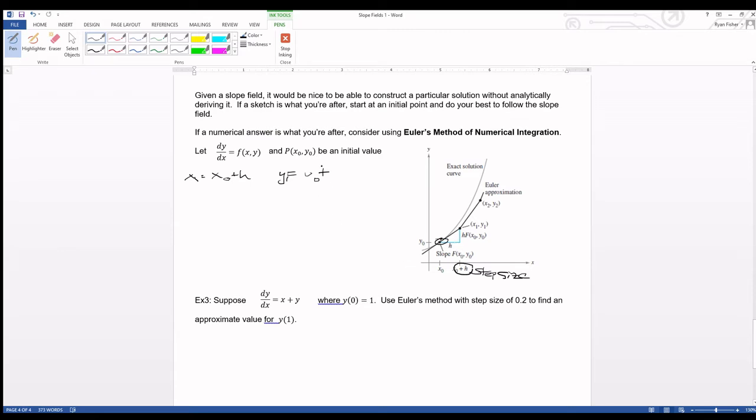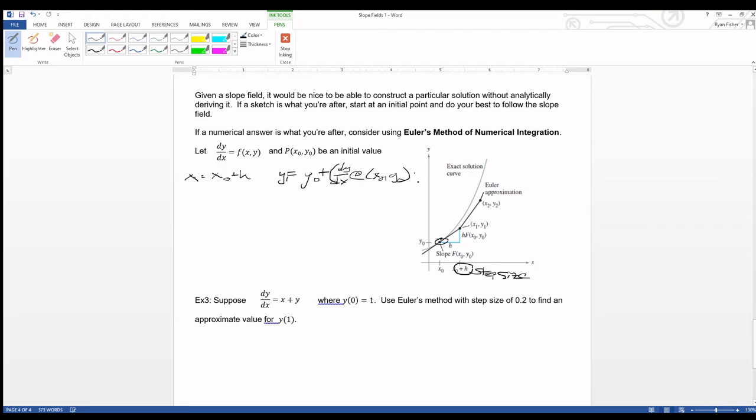So what we're going to do is use the value of the derivative at the previous spot. So dy/dx at the initial value, x naught, y naught.